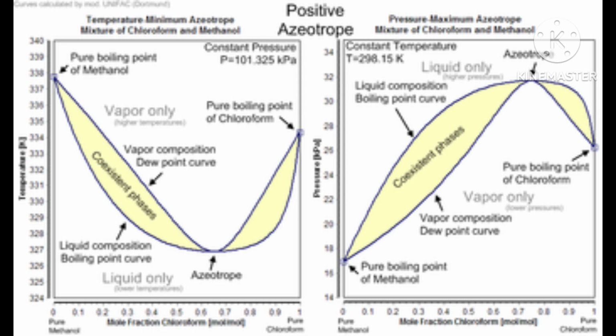This is an azeotropic mixture. Azeotrope means the vapor phase and liquid phase have the same composition. That is known as 95% ethanol by volume and 5% water, and this is known as the azeotropic composition.